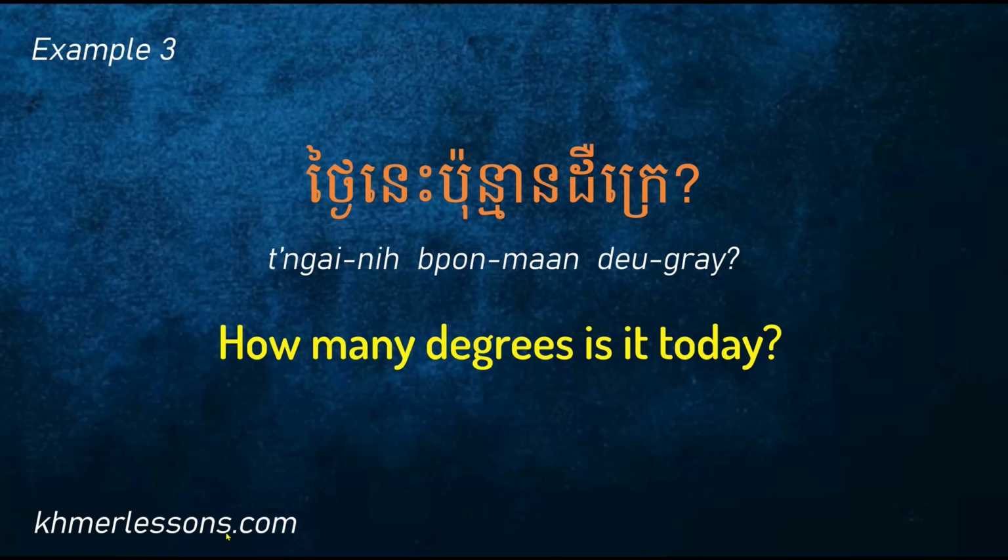For the word degree, we say ដឺក្រេ, very similar, and then ប៉ុន្មាន comes before degree. ថ្ងៃនេះ you know is the word today. I can use it at the beginning: today how many degrees.